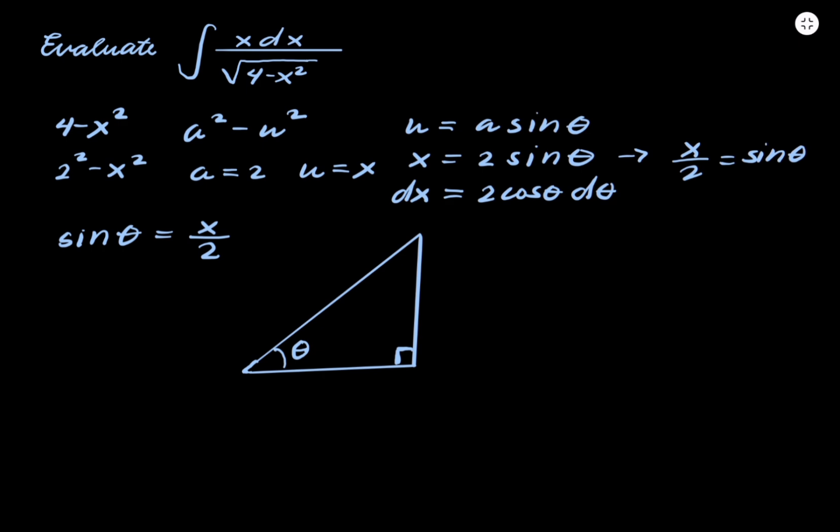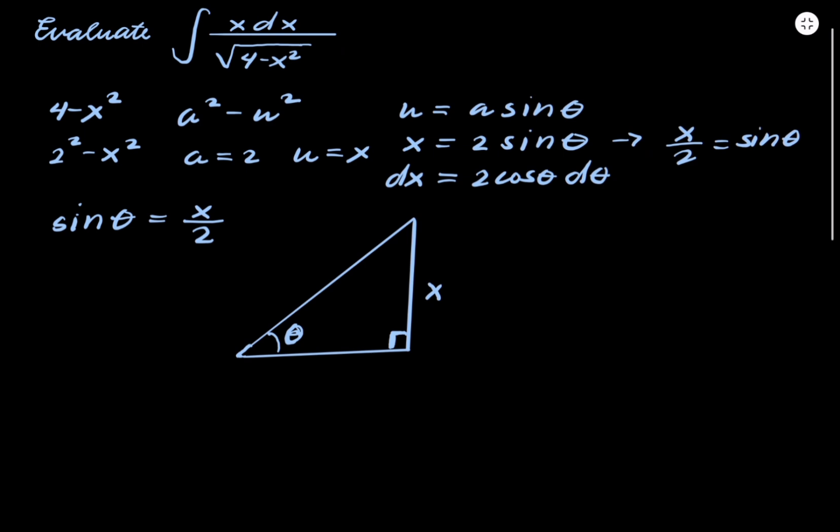Recall the mnemonic device, SOH-CAH-TOA. So sine is the opposite over the hypotenuse. If this is your angle, the opposite side is this side, so this is side x, and this side opposite of the right angle is the hypotenuse. So the hypotenuse is equal to 2. So opposite over the hypotenuse. Now we need to find the adjacent side to angle theta.